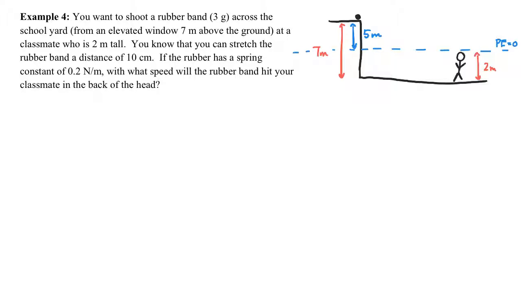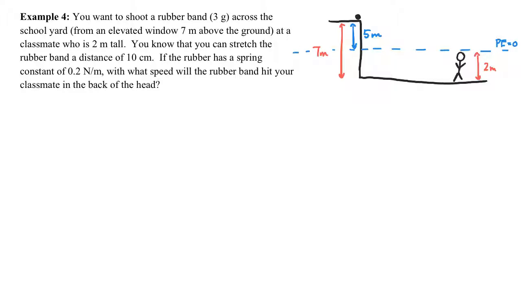So in this problem, I need to recognize the types of energy that the object has in the beginning and again at the end. The end is the easier part. It's moving physically, and we're asked what is the speed that it hits the back of your friend's head with. What is the speed? So what kind of energy is there at the end of the problem?